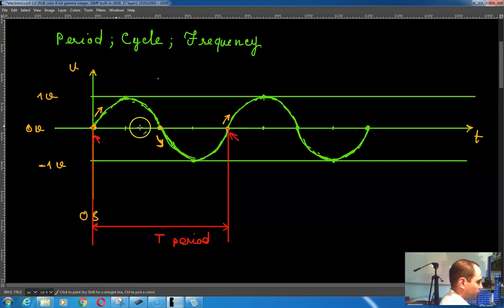Between these two points your wave is at the same output, and at both points your AC wave is increasing.